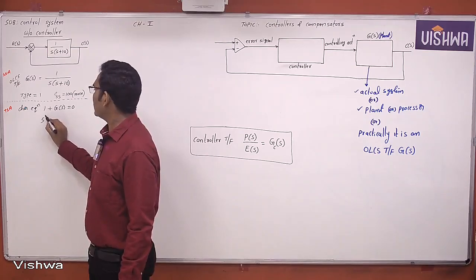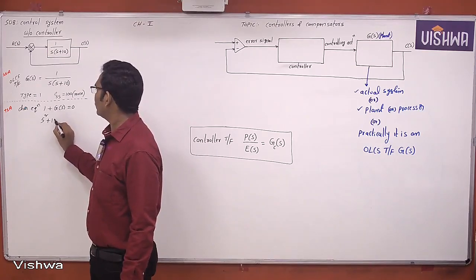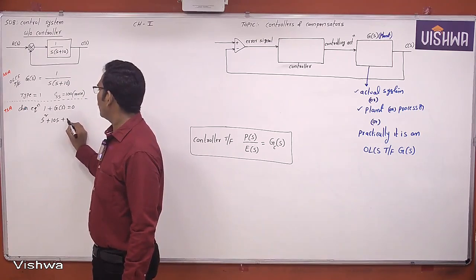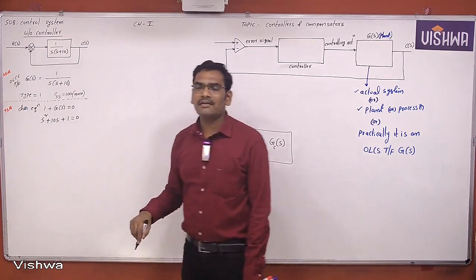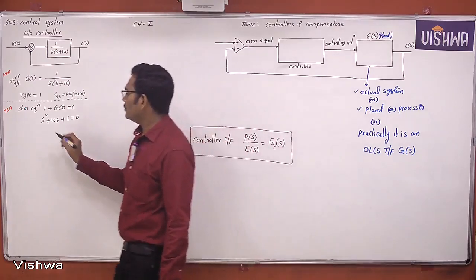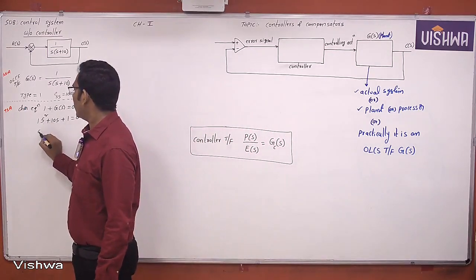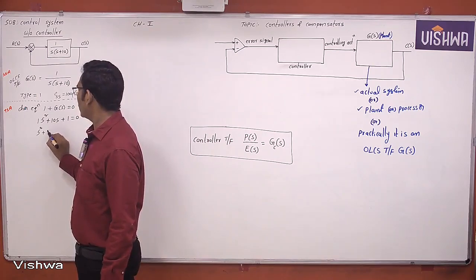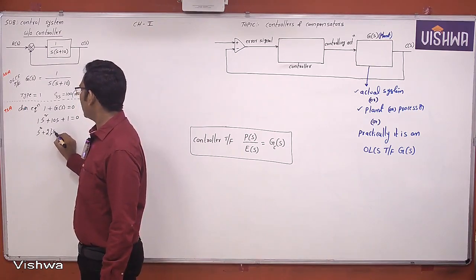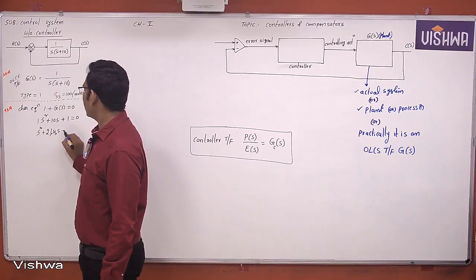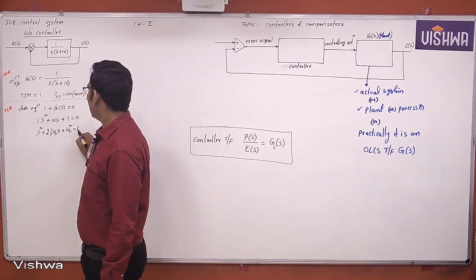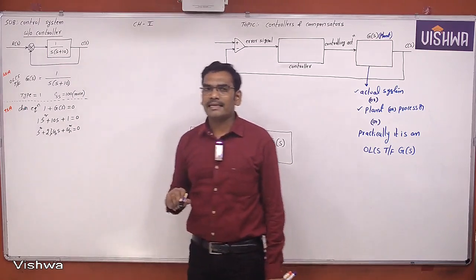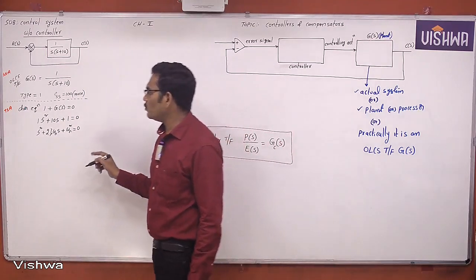Therefore, s square plus 10s plus 1 equals 0. This is the characteristic equation of order 2, compared with s square plus 2 zeta omega n s plus omega n square equals 0.